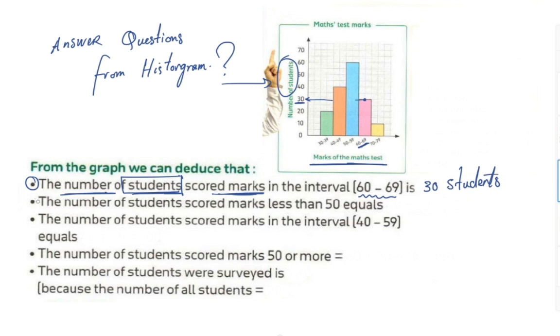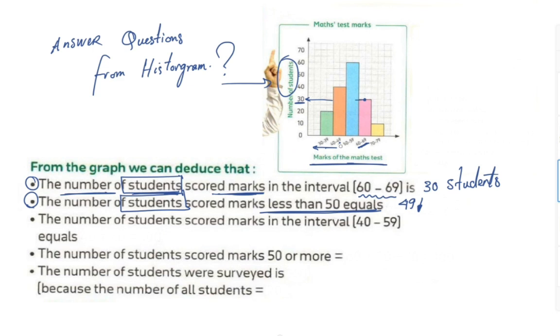Another question: the number of students who scored a mark less than 50. Less than 50 means start from 49 and less. So where is 49? Here. Go up or go down? Go down because it's less than 50.